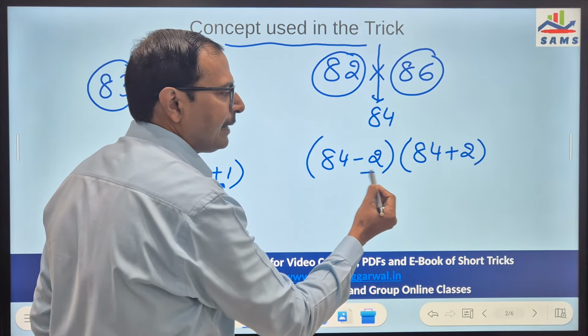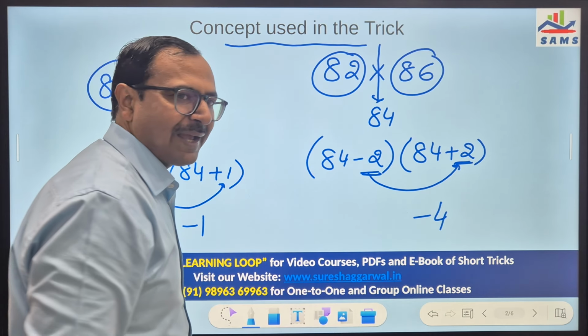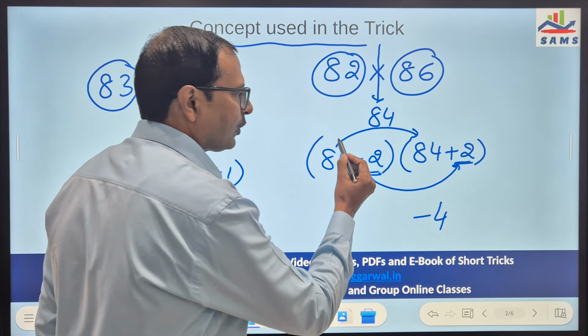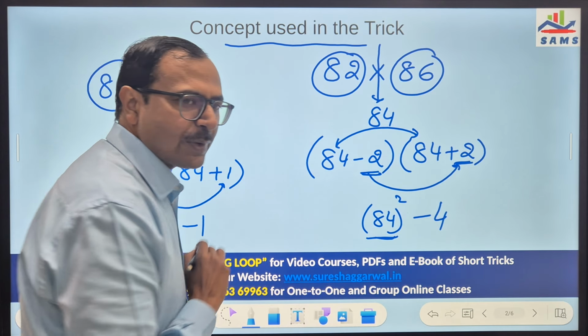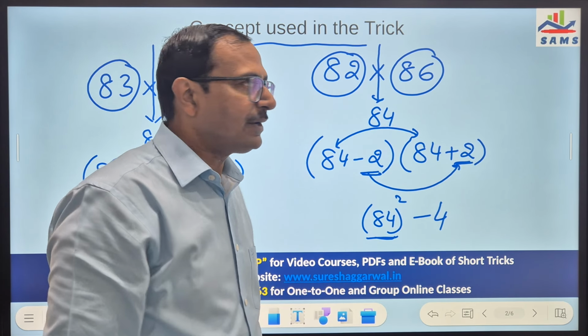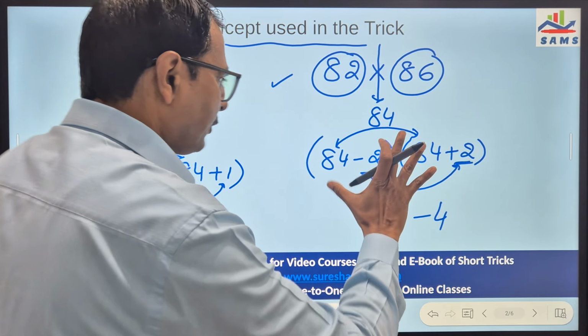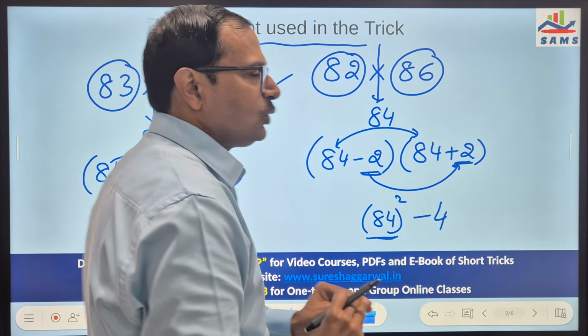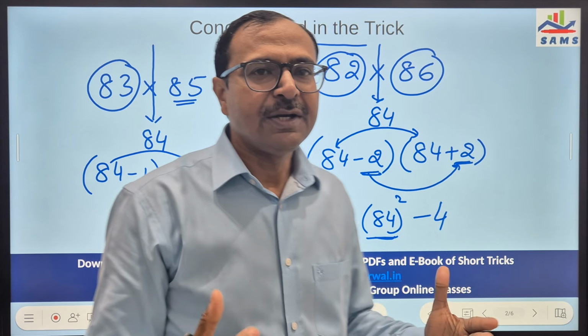Now when I multiply minus 2 and plus 2, I get a minus 4, and 84 times 84 obviously will be 84 square. So if I know 84 square, I have to just subtract 4 from the result to get the product of 82 and 86. Now I am not doing the product here because I will be using so many questions to illustrate the trick. This is the concept involved in the trick.